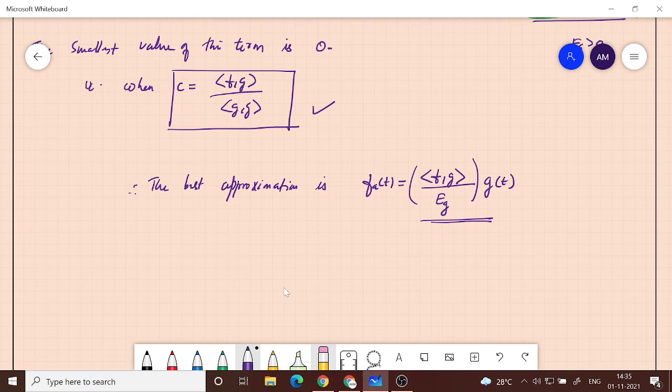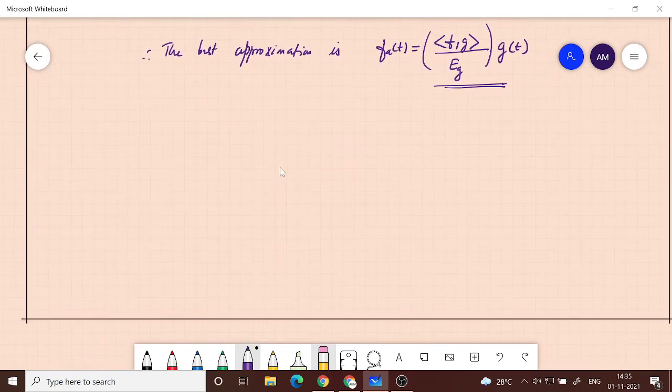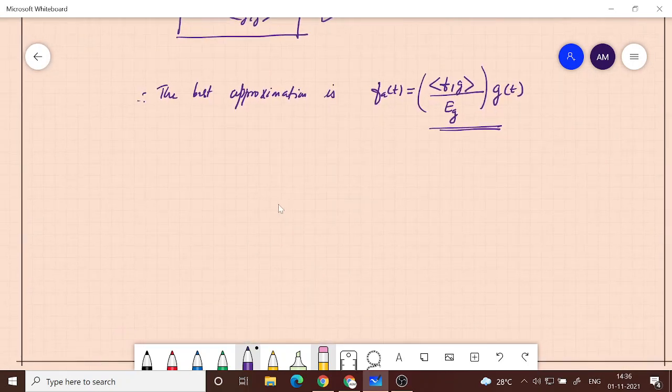Now I'm going to extend this result further. Before that, I'm going to introduce what is called an orthogonal set of functions.